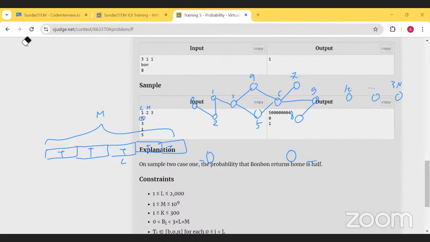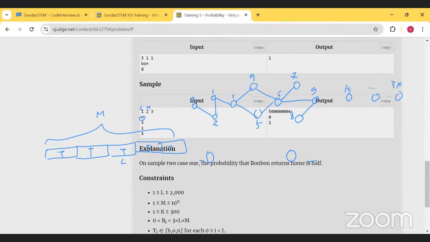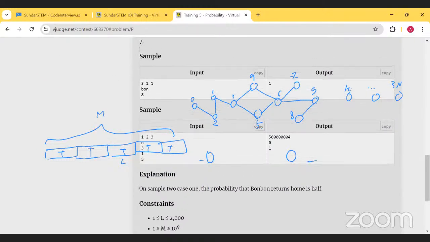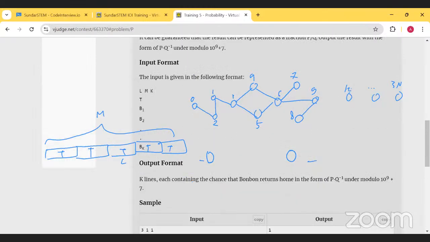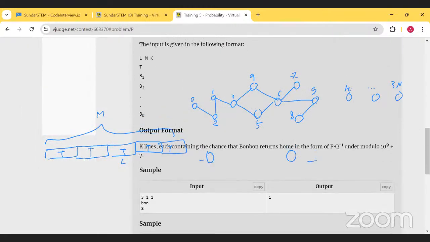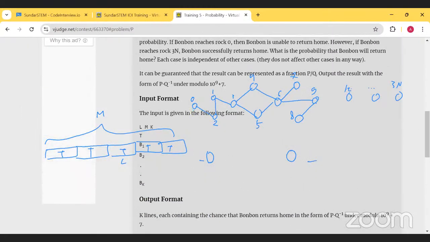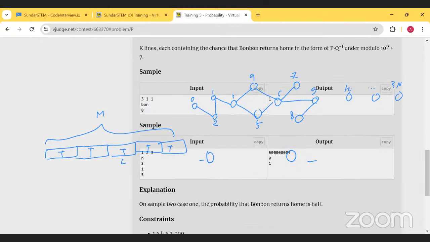Okay, then after this point, did you understand how to get the string S? The input is like this, and then we can conclude what the string S is.